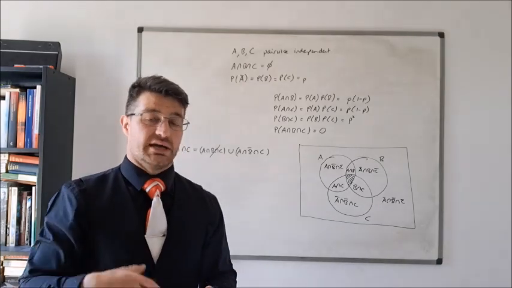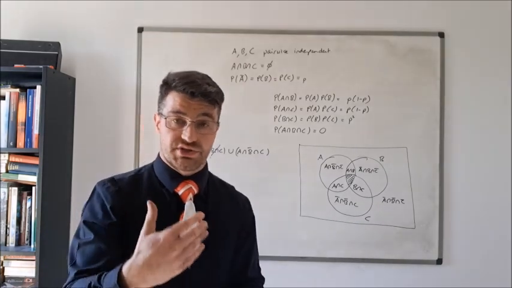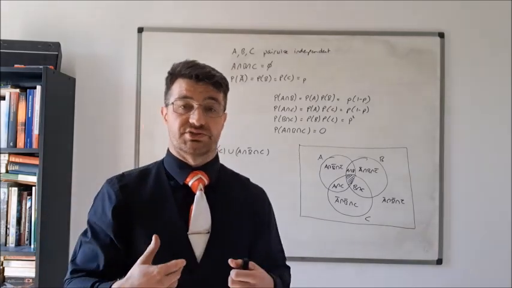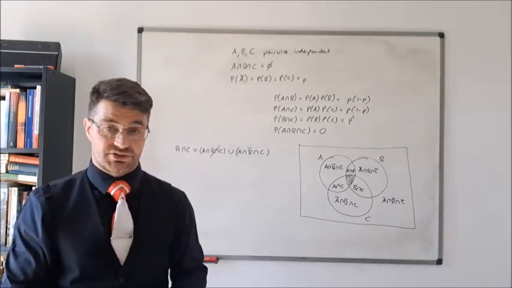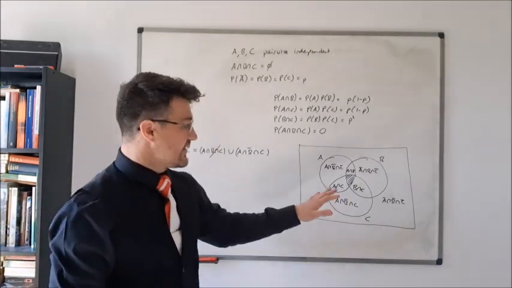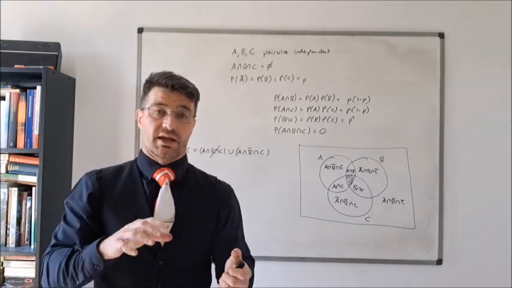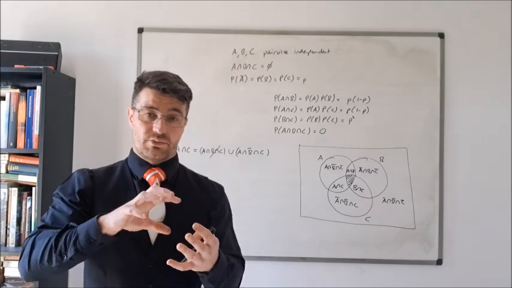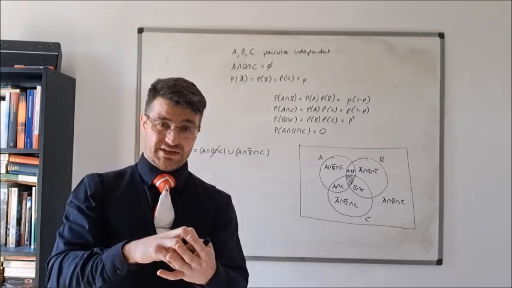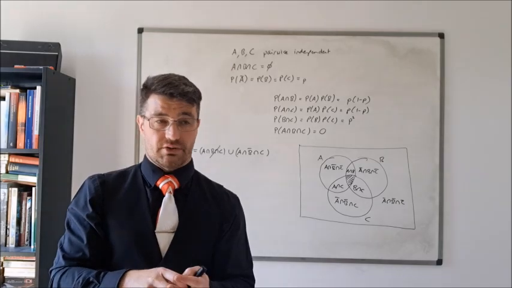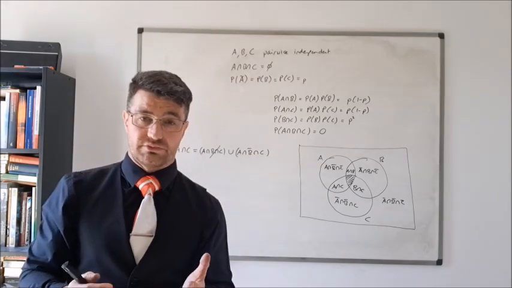You can use a Venn diagram to give you some motivation, a bit of a nudge in a certain direction. But let's say you look at the Venn diagram and think you see something in your diagram. What you see might just be a specific feature of how you've drawn that diagram. Okay, it might not be something that holds in general.